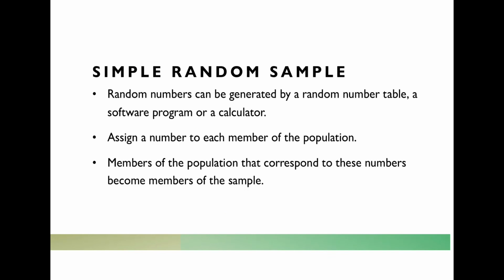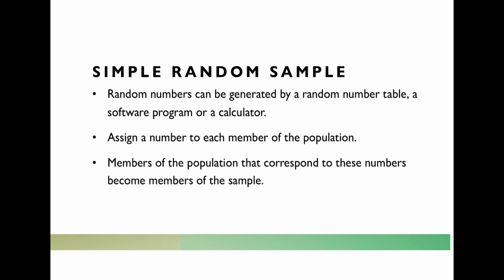So what are some techniques we can use? Well, when we talk about simple random sample, this is just the basic, kind of a very idealized version of collecting a sample. But think of it like names in a hat, right? We've all done these type of things where everybody puts their name in a hat and we select a random sample, right?